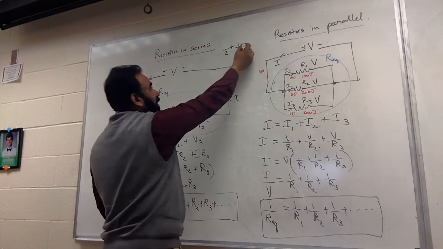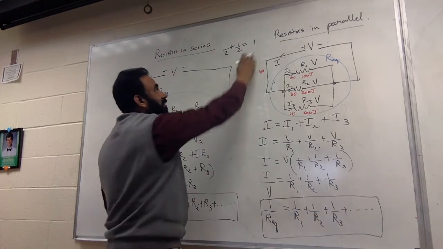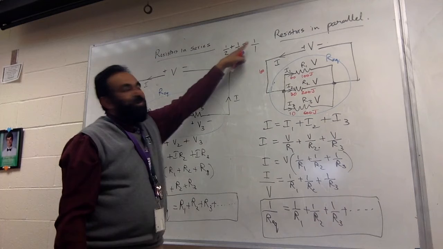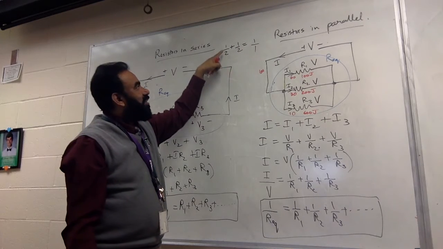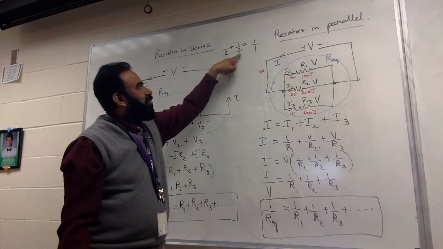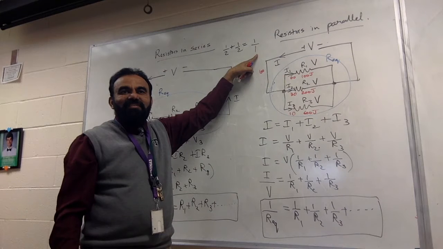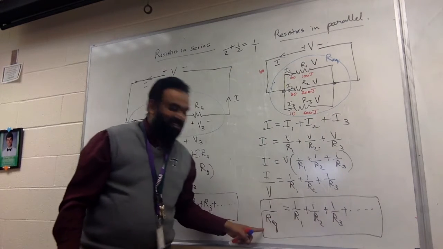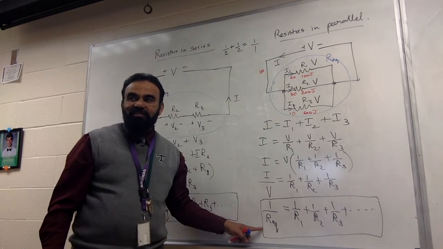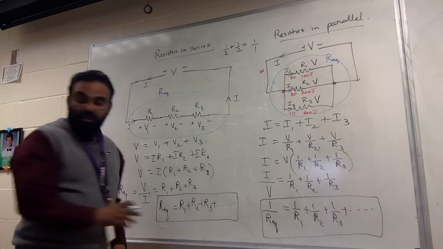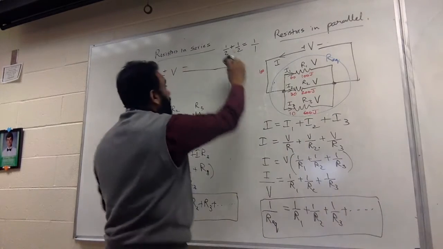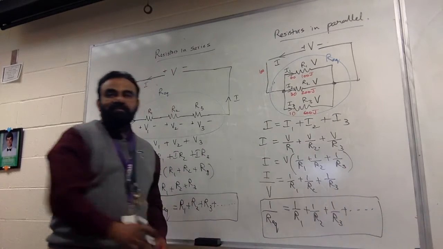This is 1 over 1. So 1 over 2 plus 1 over 2 is 1 over 1, right? So can I just say, oh, because it's all the reciprocals, 2 plus 2 is 1? No. So don't do that. R1 plus R2 plus R3 is not good. That's a very common misconception in algebra.